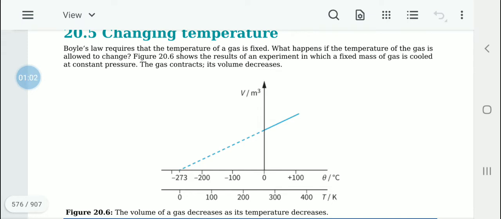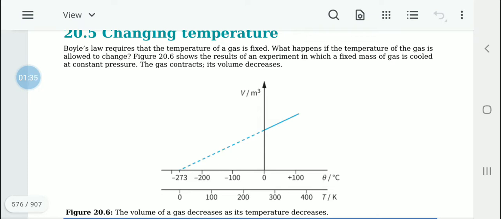You know that when the temperature is higher, the kinetic energy of the molecules will be higher. As a result, they start moving faster, which results in an increase in the volume, right? Now in this figure 20.6, we can see that the volume of a gas decreases as its temperature decreases.